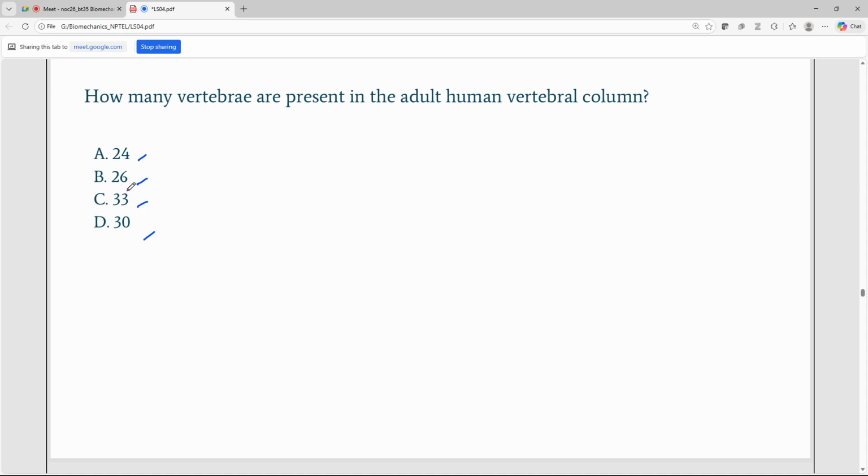Right option is option C, that is 33 vertebrae are present in the adult human vertebral column.